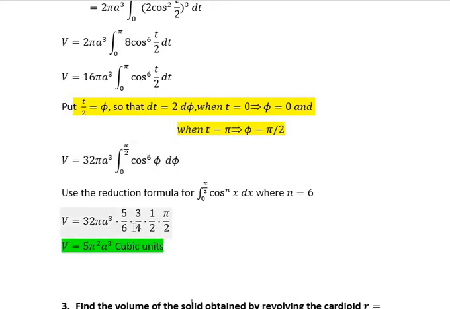So 6 into 4 into 2 in the denominator, then n minus 1, that is 6 minus 1, 5 into 3 into 1 in the numerator. Since 6 is the even number, multiply by pi by 2. See, this is the reduction formula of cos to the power of 6 x dx. Hence V is equal to 5 pi square a cube cubic units.